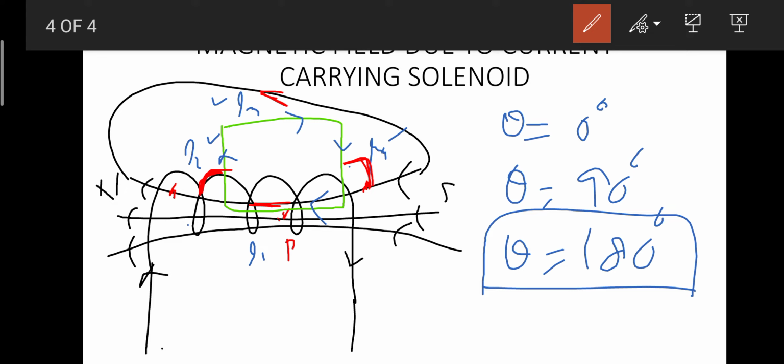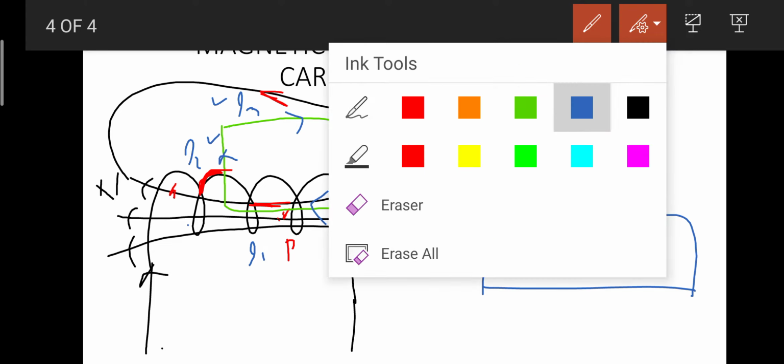Now to understand that, I'm going to calculate the result for this particular configuration.